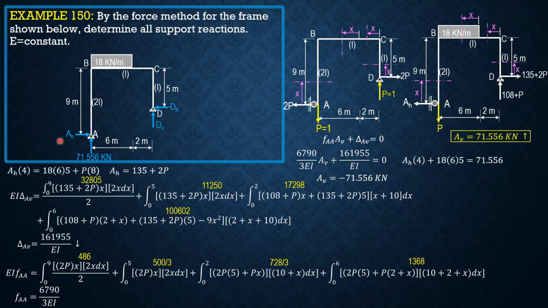H times 4 plus 18 times 6 times 5 equals 71.556 times 8. So AH is equal to 8.112 kilonewton, and it is rightward.